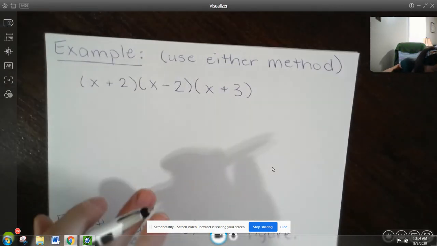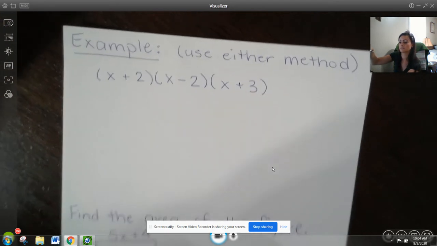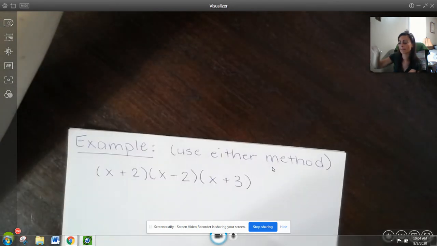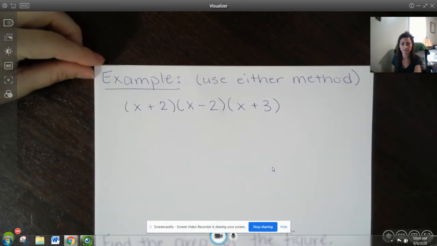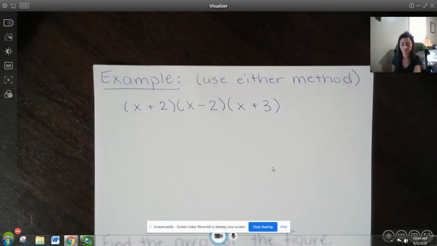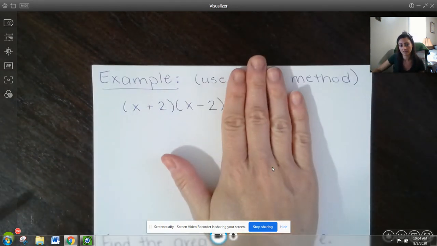Here's another one. Now, I'm going to scoot this up a little bit. If you are choosing to do the distribution method, that's fine. You need to pick 2 of the parentheses and multiply them together first.